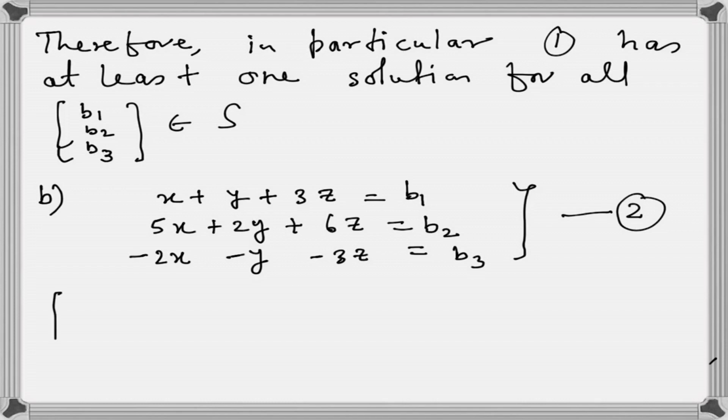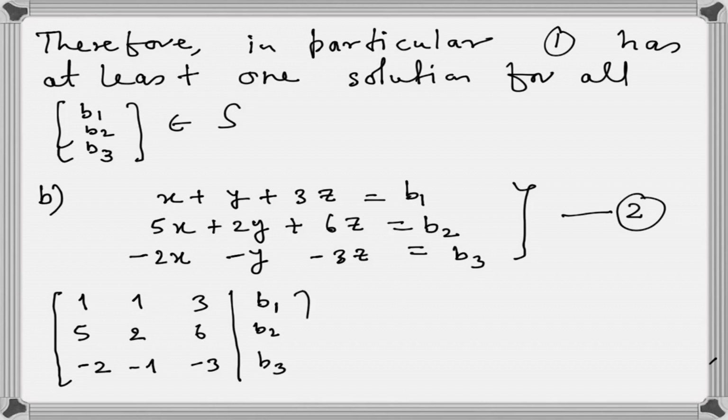Okay, so write the augmented matrix for the system: 1 1 3, 5 2 6, minus 2 minus 1 minus 3, b1 b2 b3. Okay, so what we'll do is some row transformations.